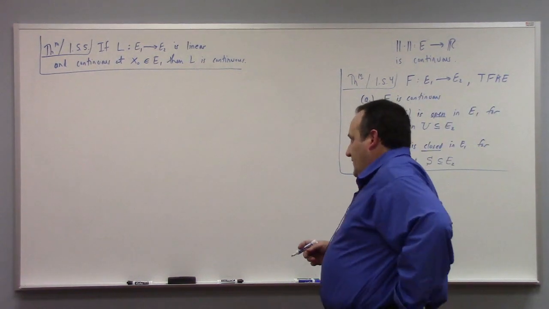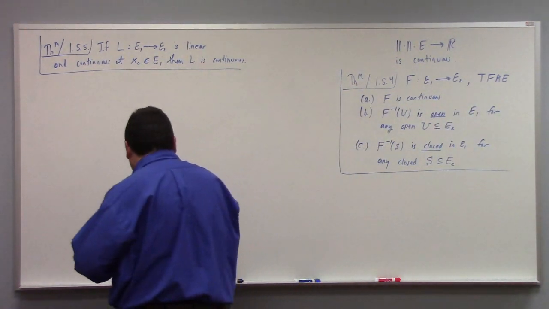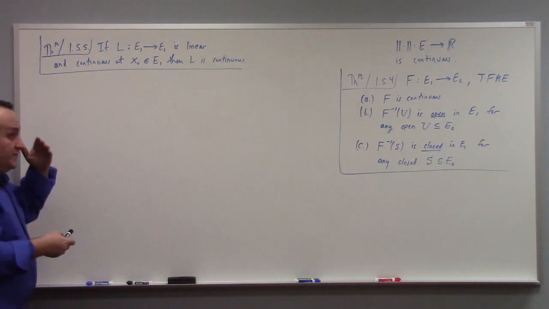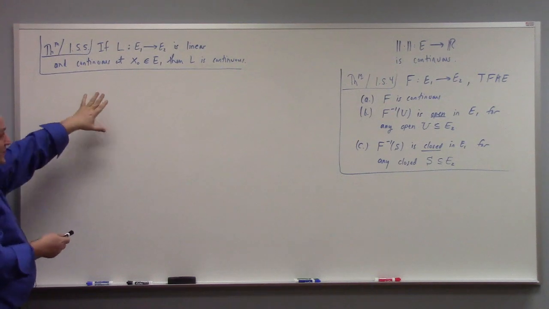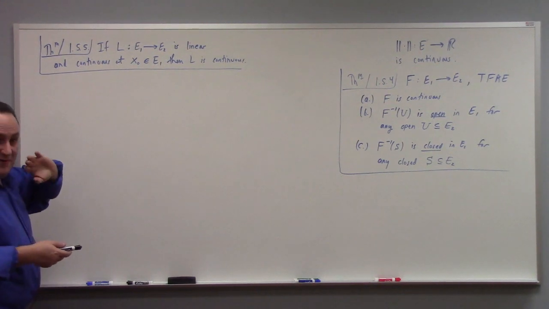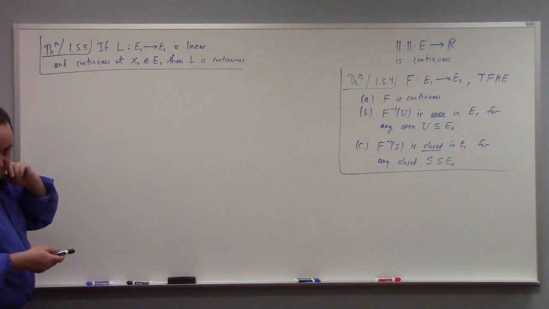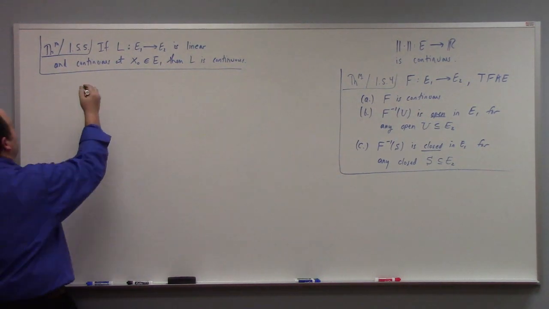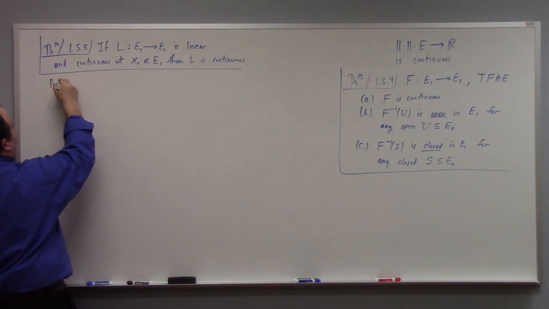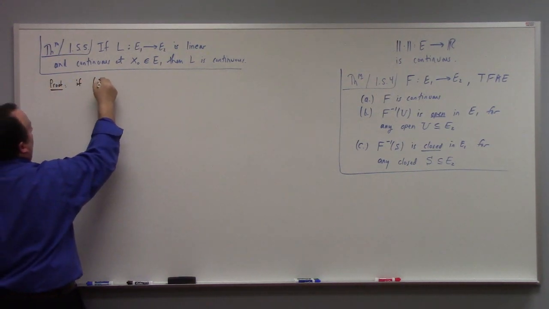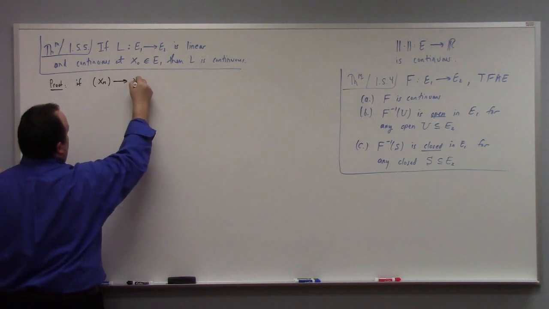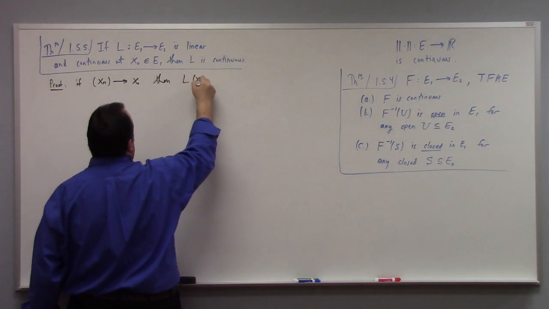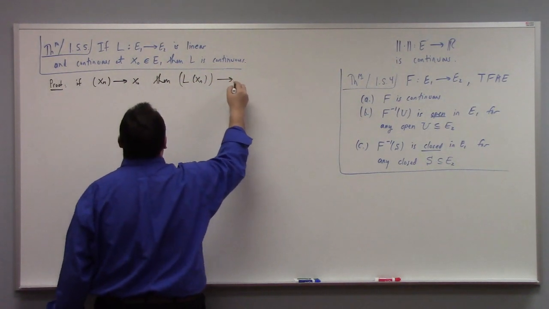All right, let me foolishly look away from the book and see if we can prove this of our own volition, yeah? So to prove that, we're saying that if it's linear and continuous at one point, it's continuous everywhere. So what we're given, so we know what? If xn goes to x0, right? Then L of xn goes to what?